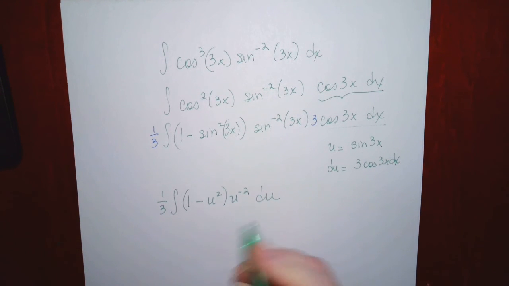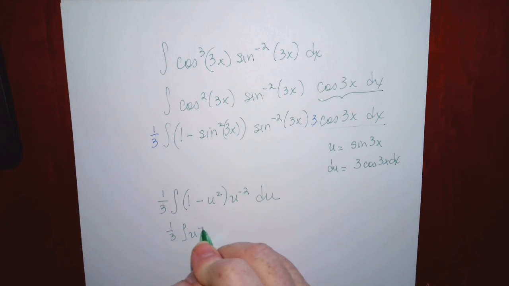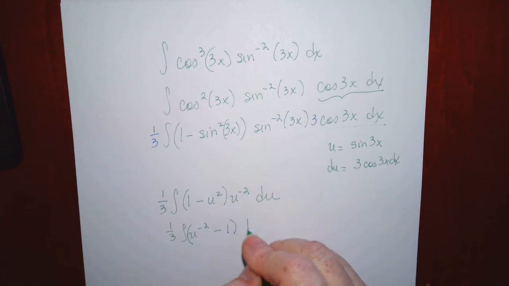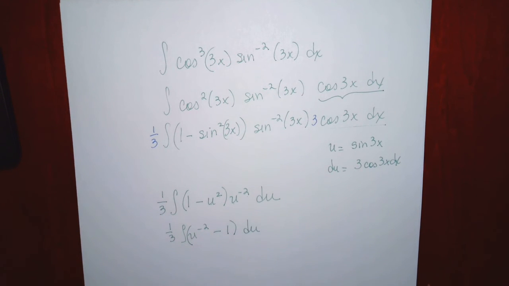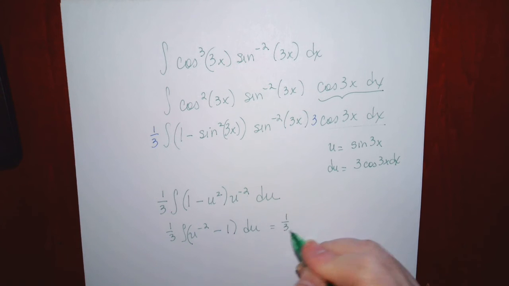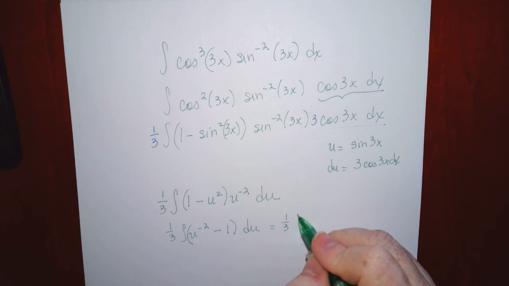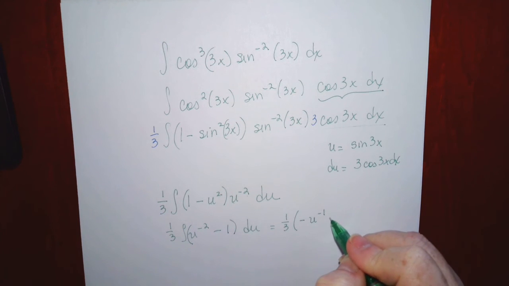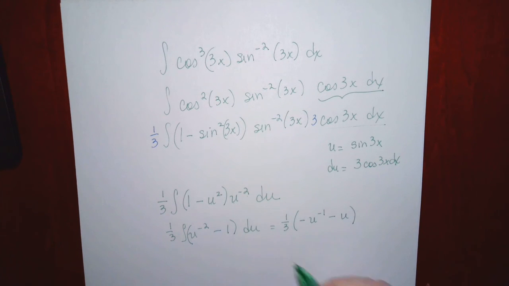How would we integrate that? We would have to multiply through, and we'll have 1/3 the integral of u to the negative 2 minus u to the 2 times u to the negative 2, which is just 1, and then du. Integrate term by term. We'll have 1/3 times the integral of u to the negative 2, which is negative u to the negative 1, minus u.